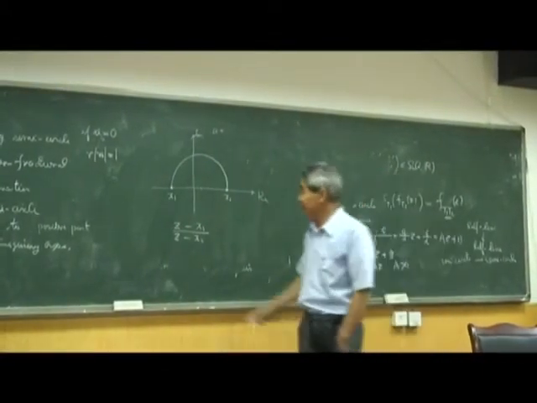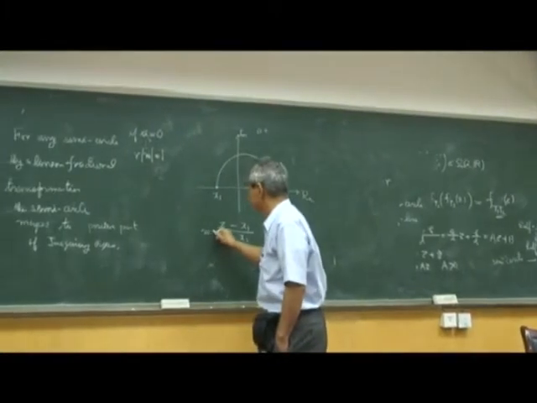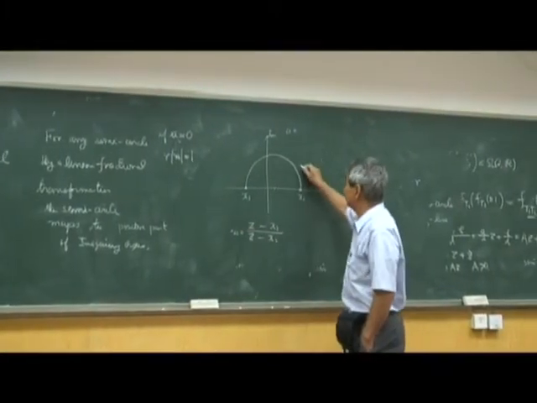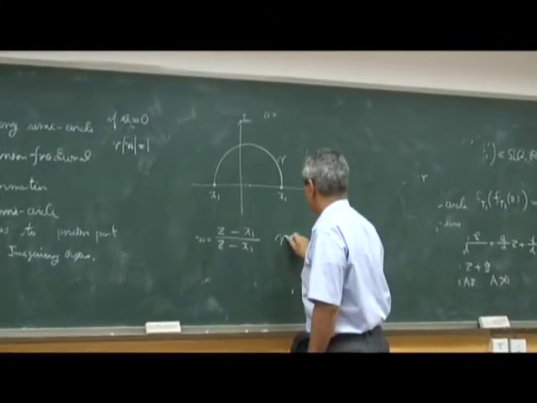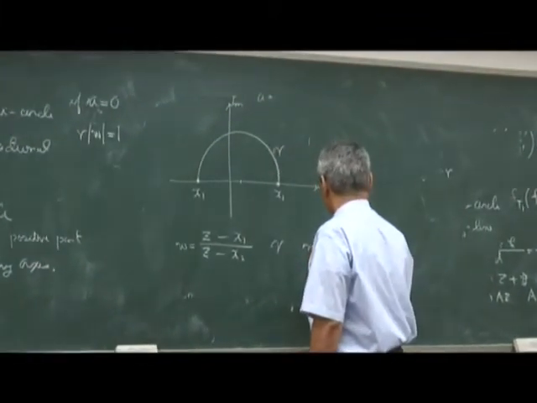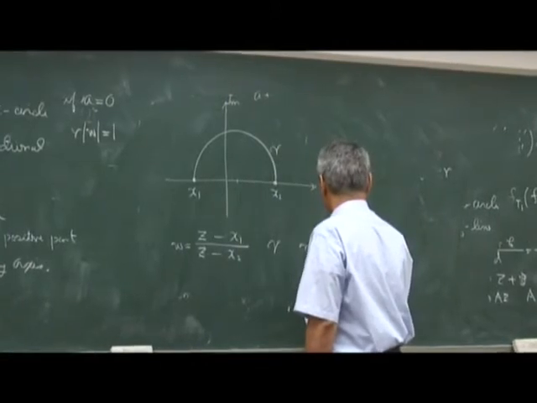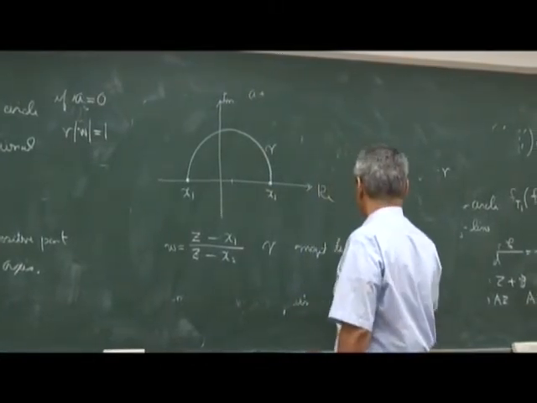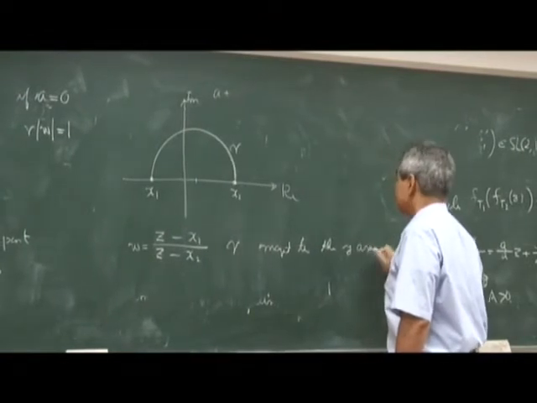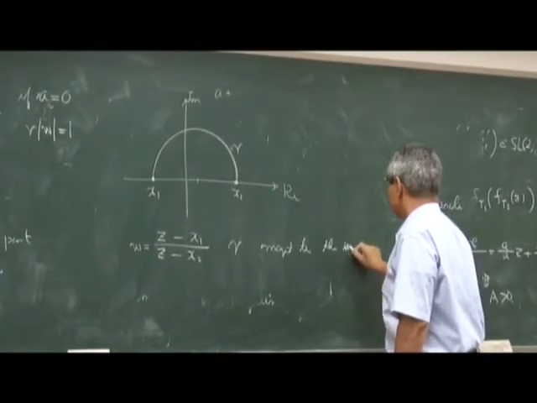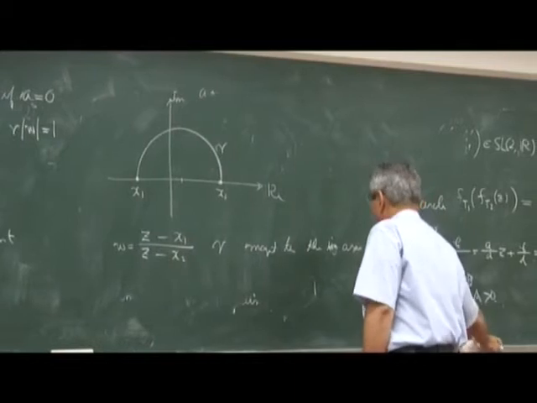Okay, then what happens? And then this semicircle gamma maps to the y-axis, or imaginary axis. Why?